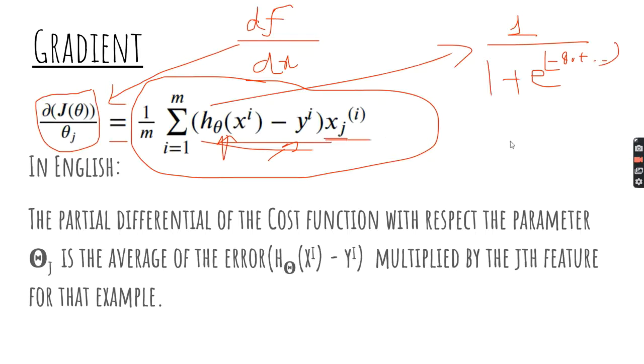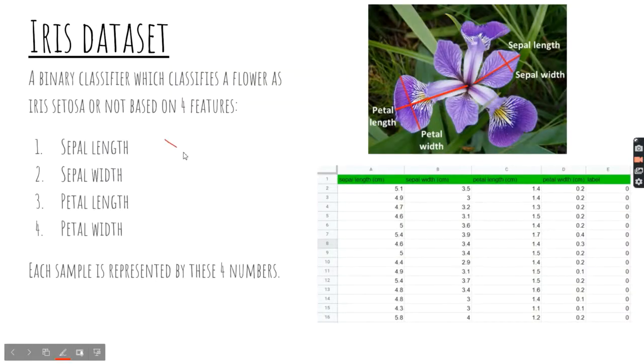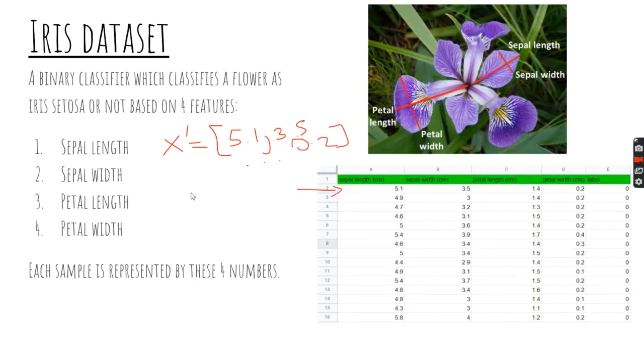so this notation here simply means that, in this slide, if x1 is equal to 5.1, 3.5, and then 0.2, the first row, this is x1, then the first value in this vector is x1 1.